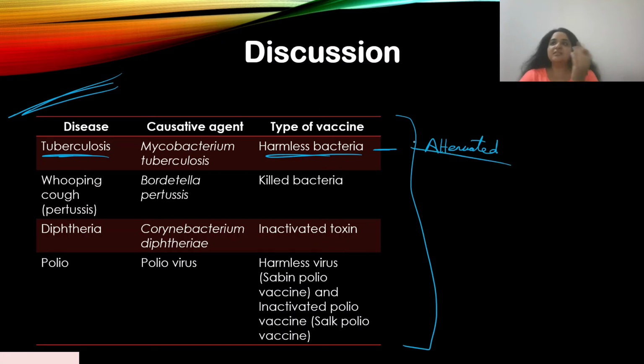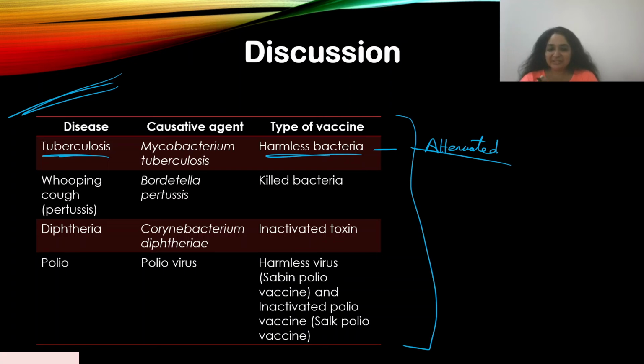Now vaccines are designed in such a way that they instigate the immune system to become active against that particular pathogen. The vaccine is designed in such a way that it does not cause you infection. It should not cause you infection because of the vaccine, right?